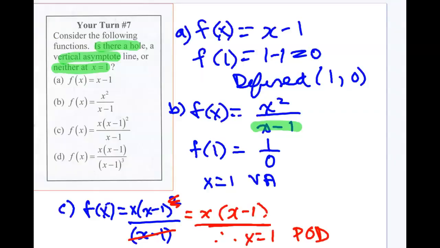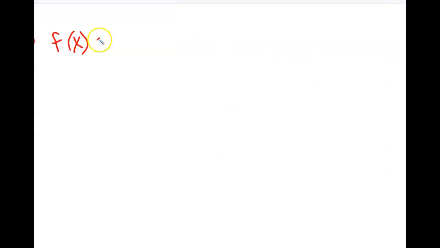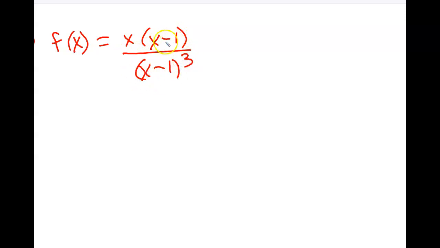Okay, for the last one, we're given that the function f of x is equal to x times (x minus 1) over (x minus 1) cubed. Again, putting a 1 in gives me 0 over 0, which should be indeterminate. Now I have to simplify, so this cancels out with one of those.